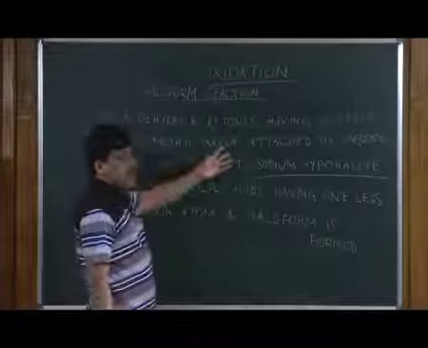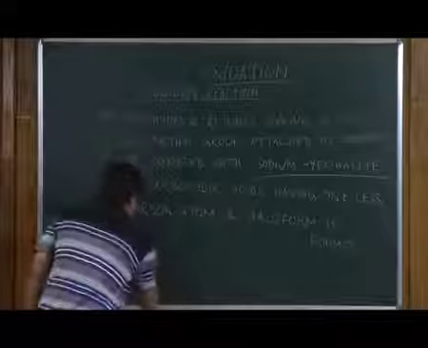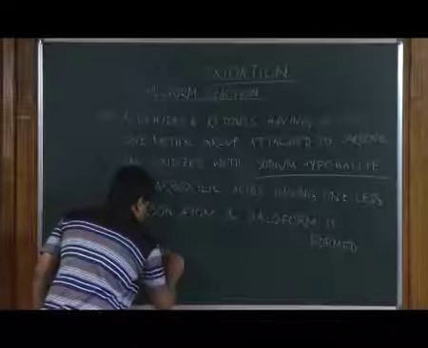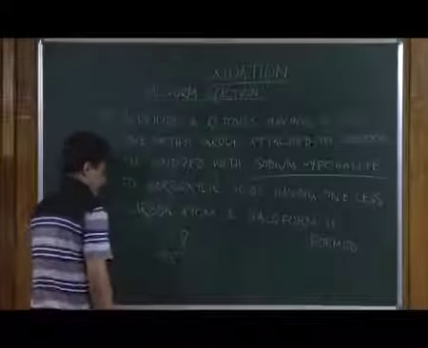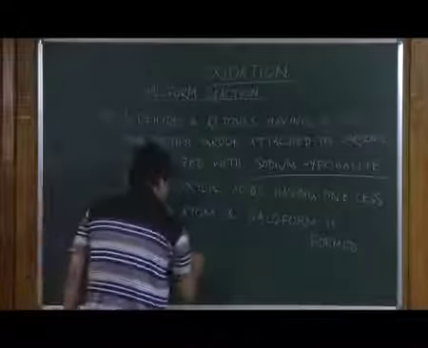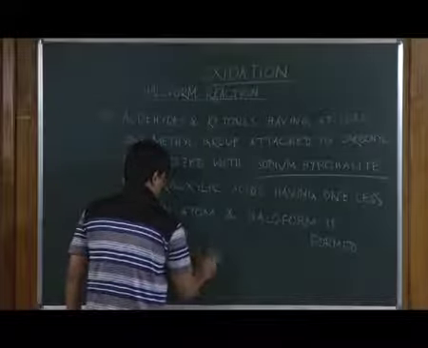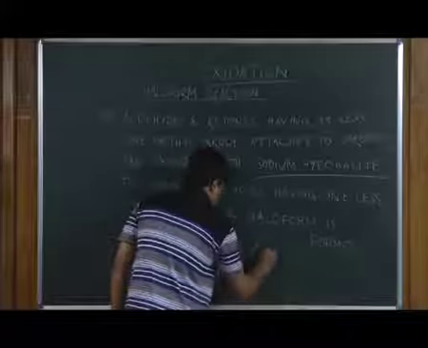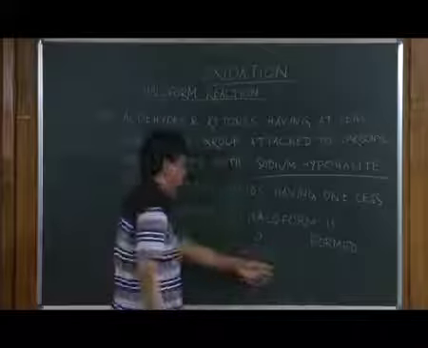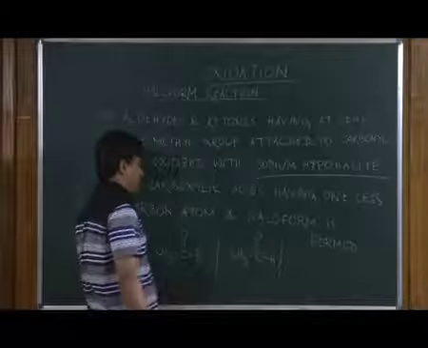So, methyl group attached to carbonyl, we can think that this group should be present. So, the only aldehyde that can give this test is acetaldehyde, because if you put any other group except hydrogen, then it becomes a ketone.